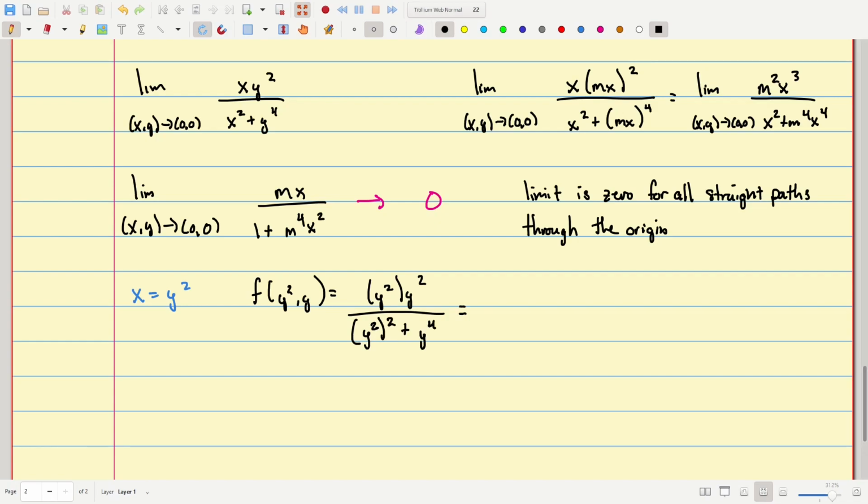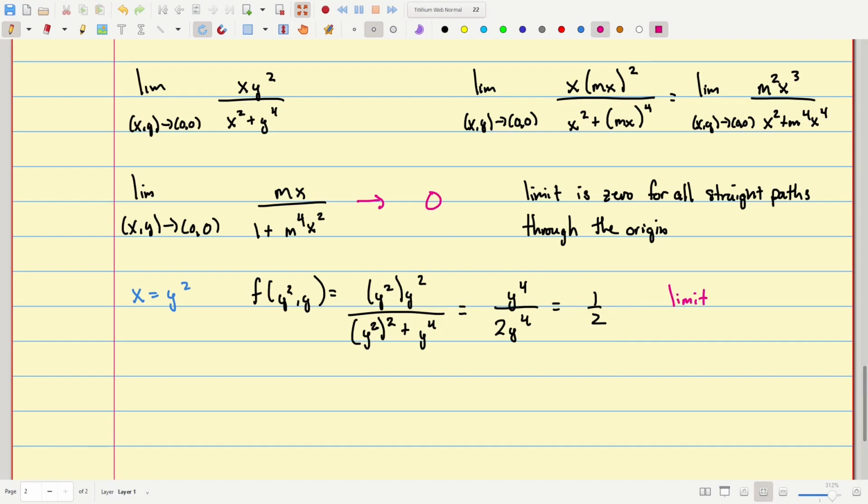This is going to give me y to the fourth over 2y to the fourth, which is 1/2. That's a constant, so its limit is definitely 1/2, right? And so we get a situation where the limit does not exist.